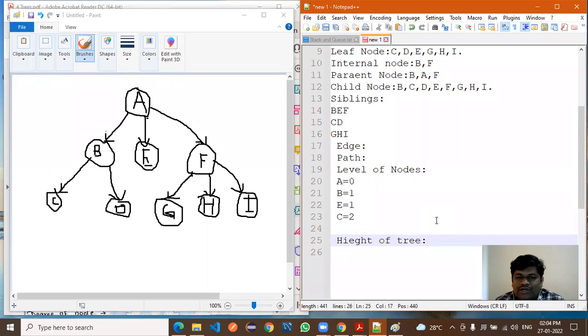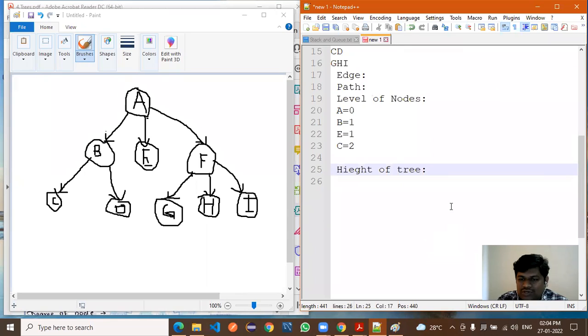So how have you calculated 3? You have considered the number of levels, right? So A is the first, this is the second, and this is the third. In this way, we are calculating the height of the tree.